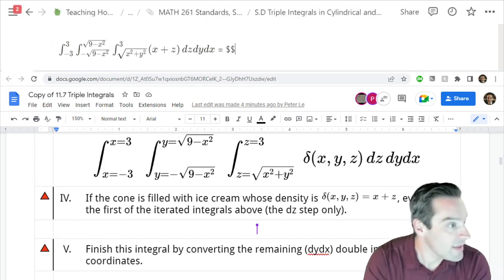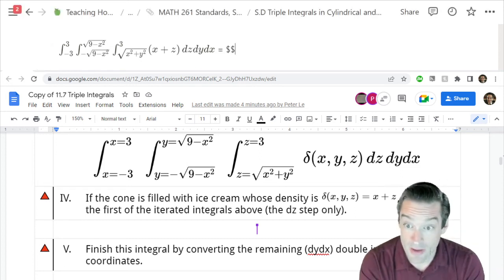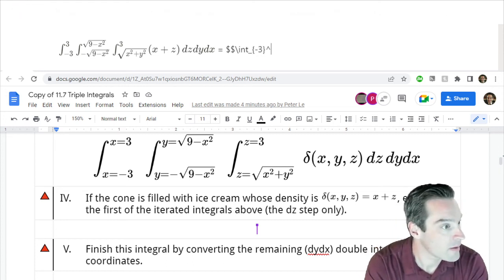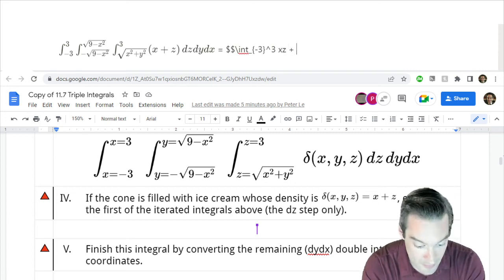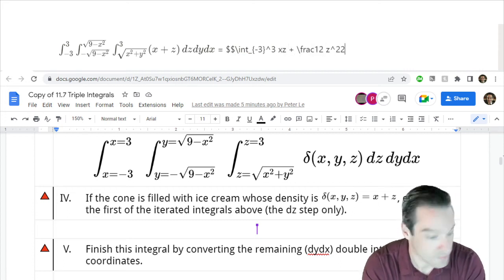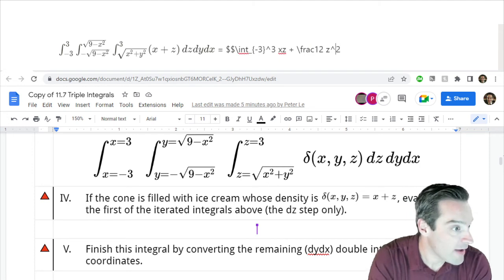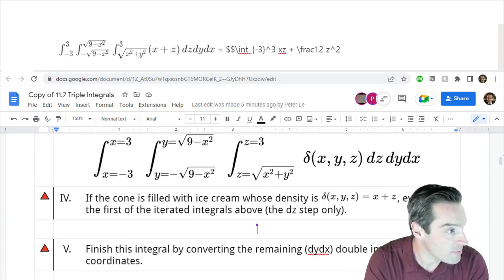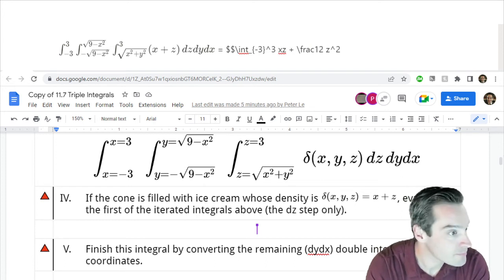So the antiderivative of x plus z with respect to z is going to be xz plus half z squared. And then we're going to end up needing to evaluate that from z equals square root of x squared plus y squared to z equals 3.